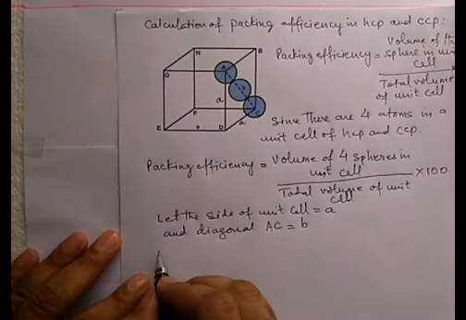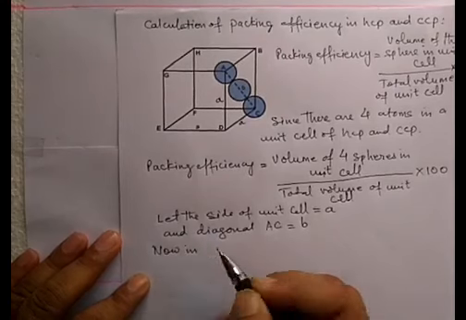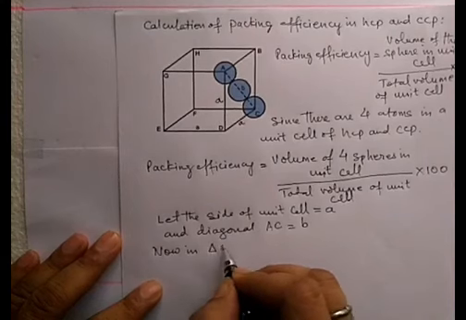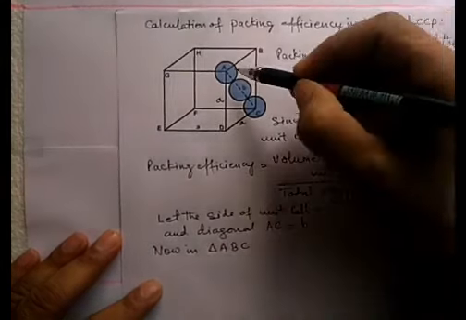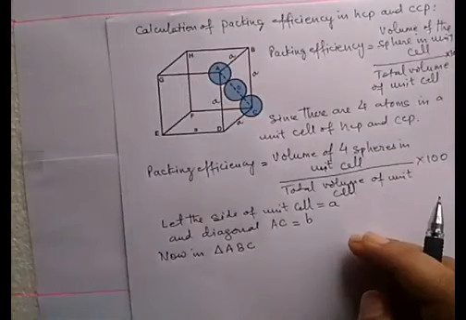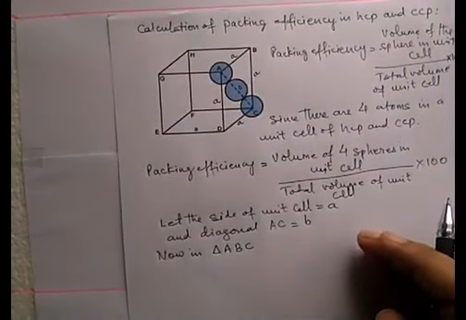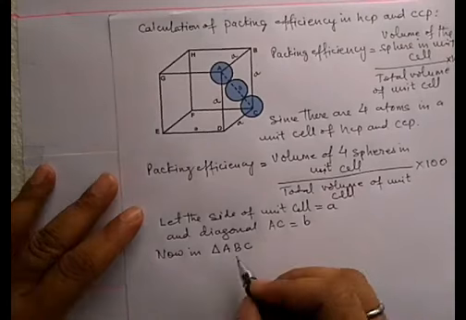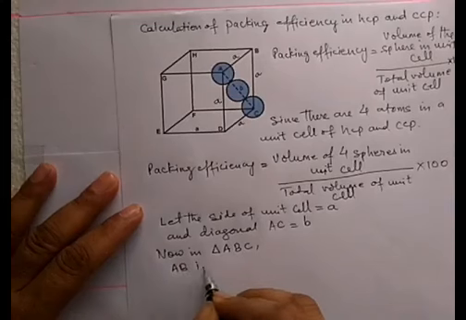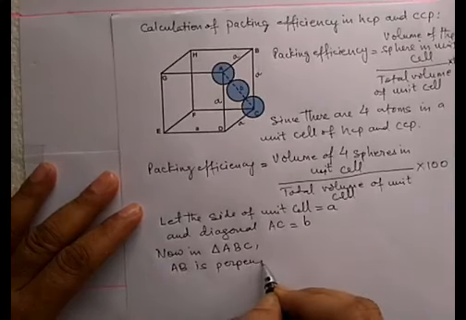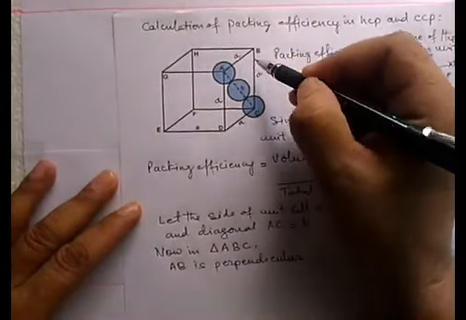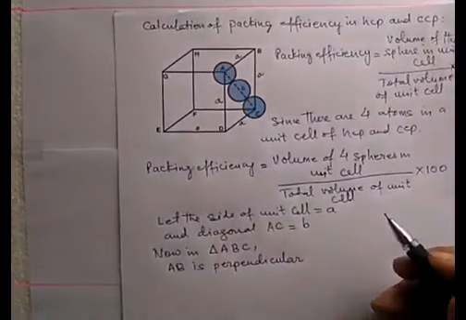Now let's see, in the triangle there is one triangle forming. In triangle ABC, we know this is A and this is also A. We know AB is perpendicular, because all these sides are perpendicular to each other as they form a cube.